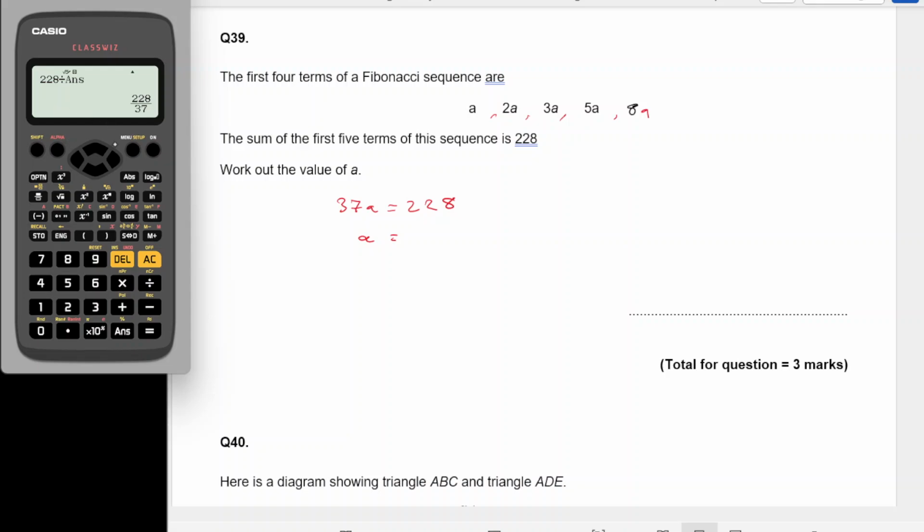So let's just double check that I haven't made a mistake. There we go, I have made a mistake, and I should have spotted it. 19A, not 37, always good to double check. So 228 divided by that answer, 12. So the first term, or A, would be 12.